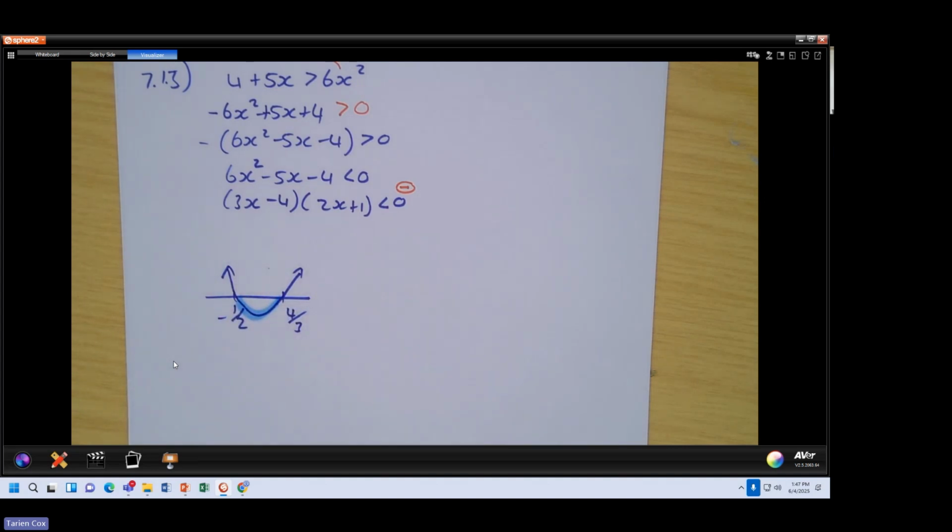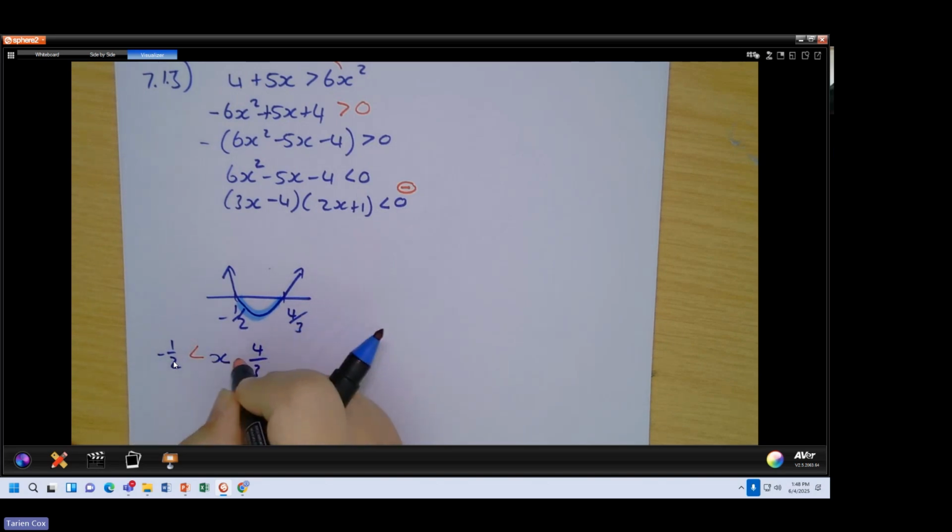And then how do I write this answer in the two notations that we know? In inequality notation, our x will lie between the values negative a half and 4 over 3. But because it lies between, it will always, always, always have the arrows pointing this way, right?